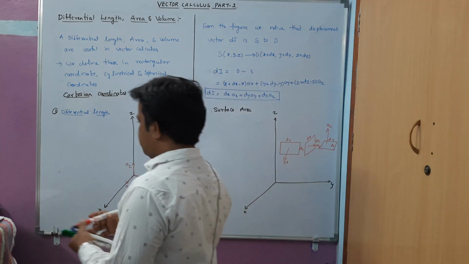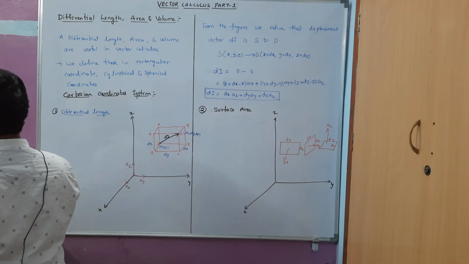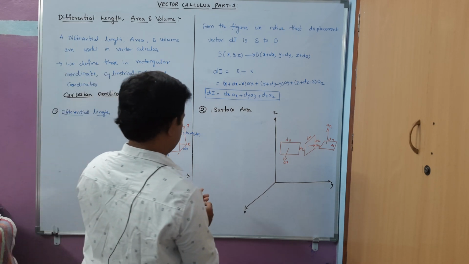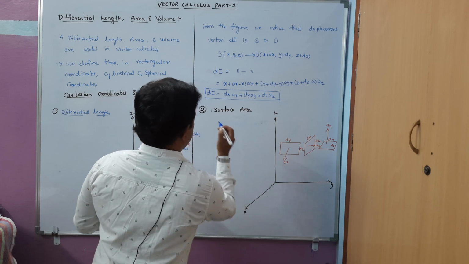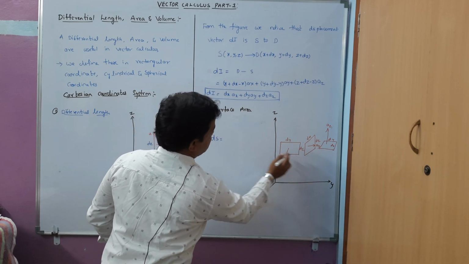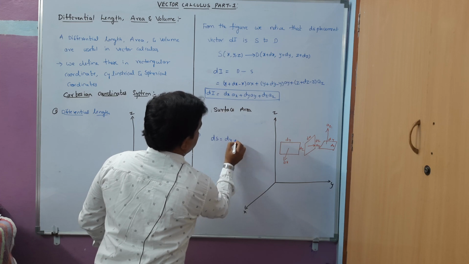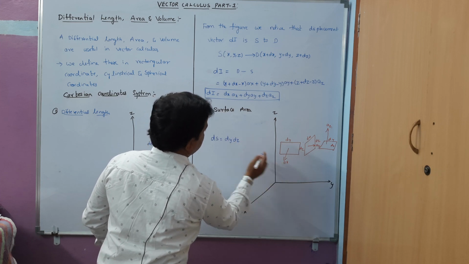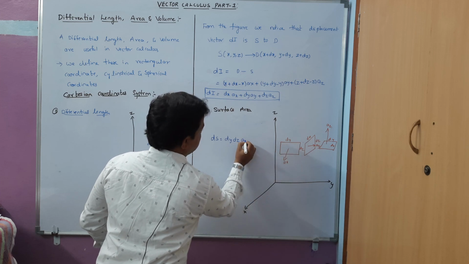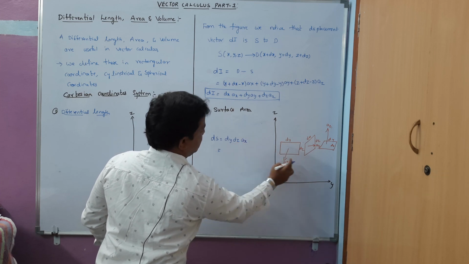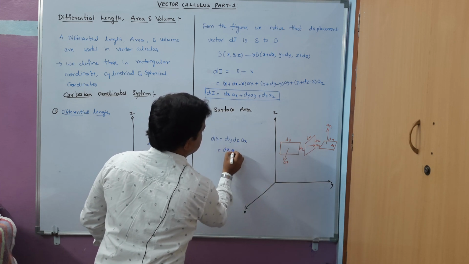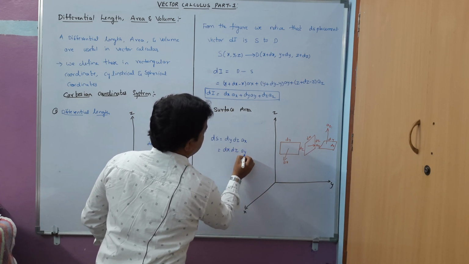So now we can form ds as the surface area. The differential surface area is given by ds equal to dy dz along the unit normal vector ax for this plane, and for another one dx dz into ay.